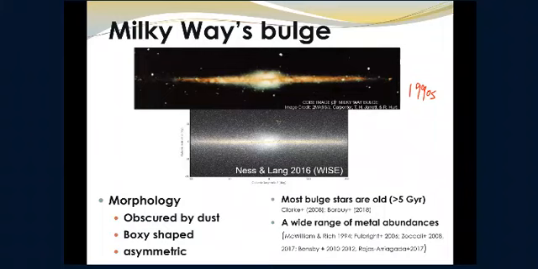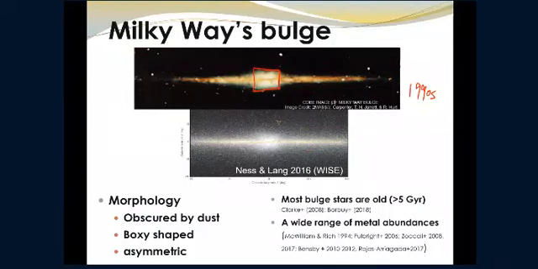And in the central region of the Milky Way, you can see that it's like a box, but also looks asymmetric, non-symmetric. Something is wrong with my tongue today.